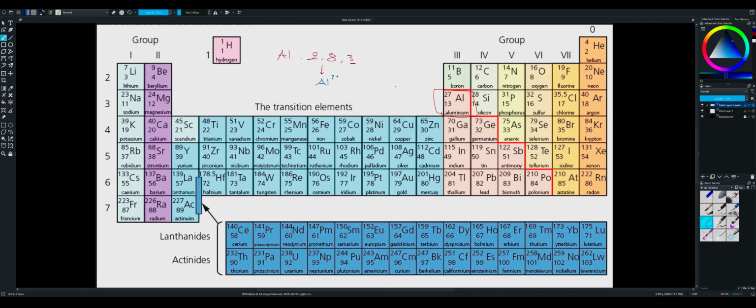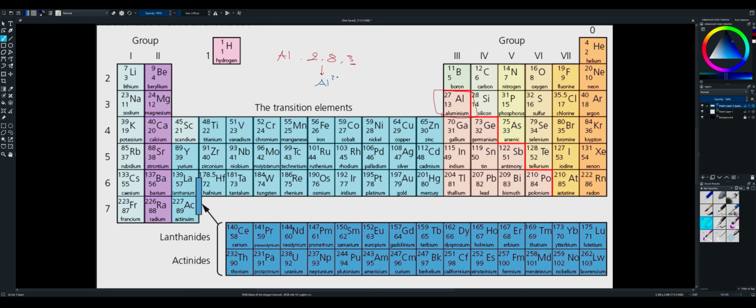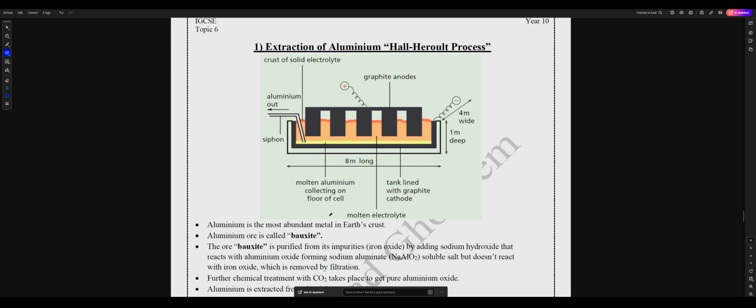Aluminum is actually the most abundant metal in the Earth's crust, and it exists in an ore called bauxite. And if we can just get back to the notes real quick here, bauxite is a mixture of aluminum oxide, Al2O3, with some water and a whole bunch of impurities like silicon dioxide.